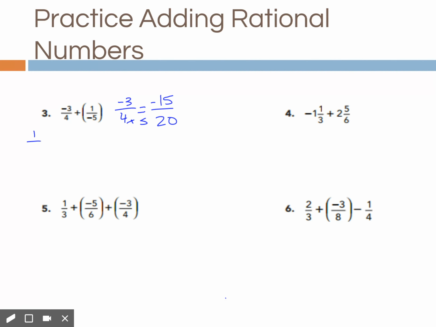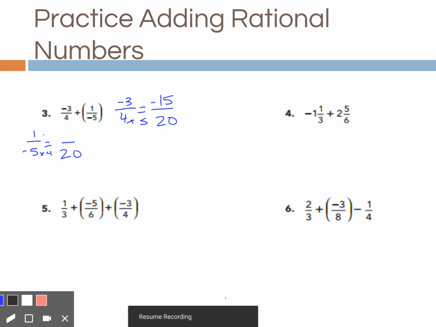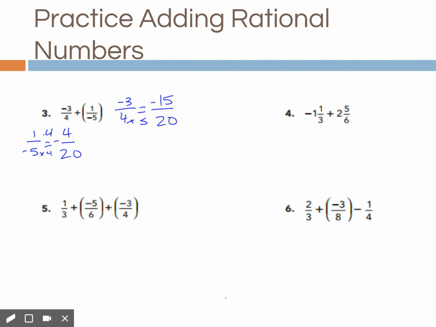And negative 1/5 equals what over 20? I'm multiplying by 4. So I would get a negative 4 twentieths. So now I have negative 15 twentieths plus negative 4 twentieths. Because they're both negatives, I can just add, and my answer will be negative 19 twentieths.